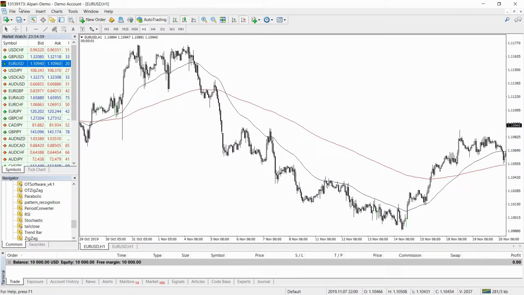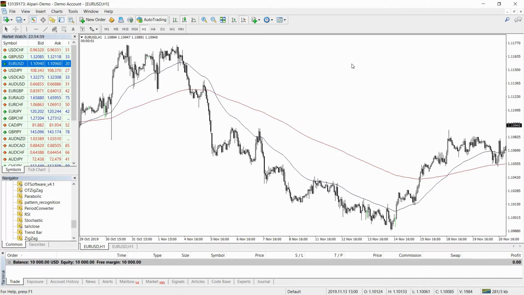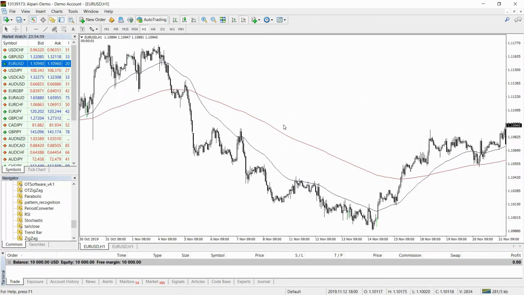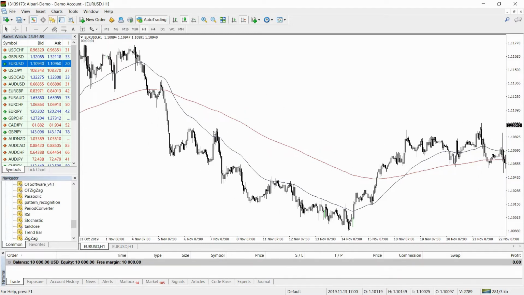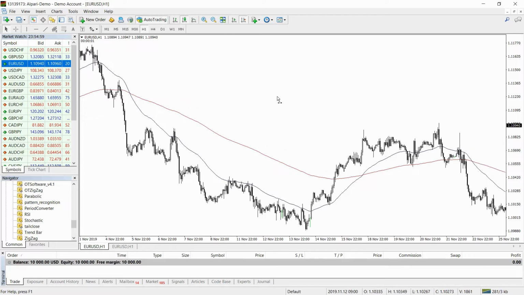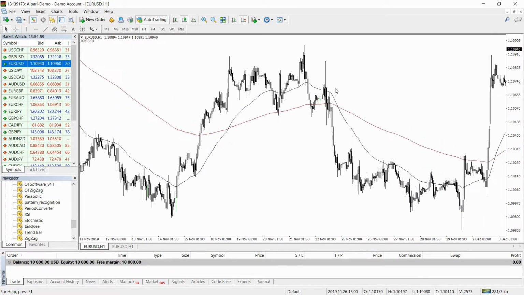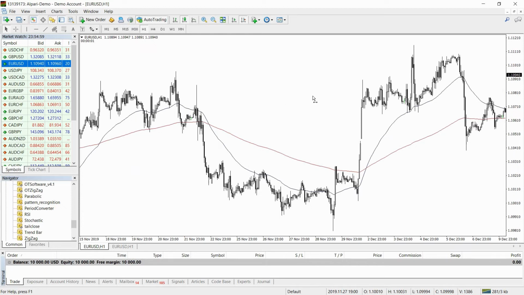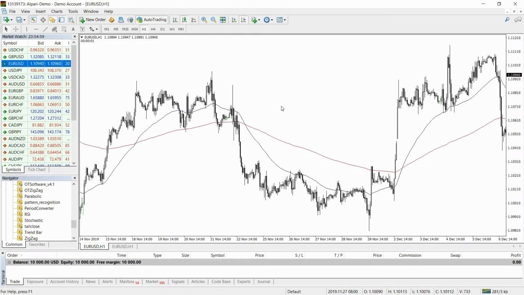Once you've downloaded that, this is the MetaTrader 4 platform. Now, if you're not familiar with MetaTrader 4 as a platform, don't worry, there's plenty of videos out there. I'm not going to waste my time and your time going through that now. You can go and self-educate yourself on how to use this platform. It looks dated compared to some others like TradingView or something similar, but it's a massively reliable platform, and it does everything that TradingView can do.